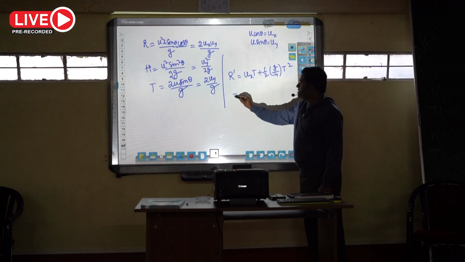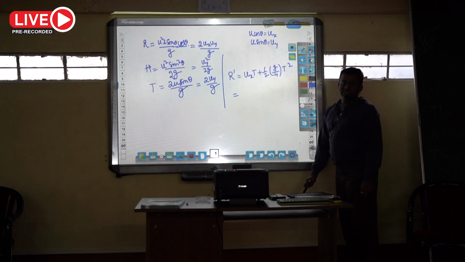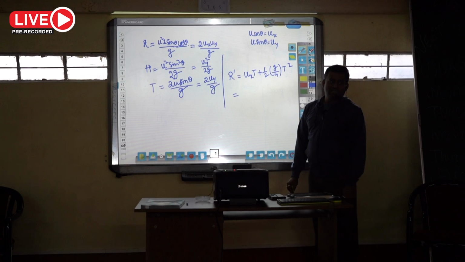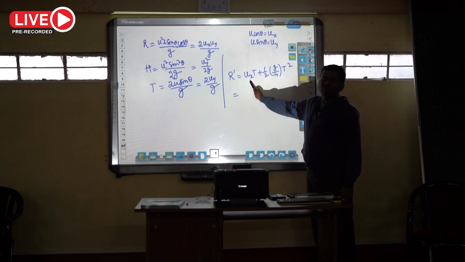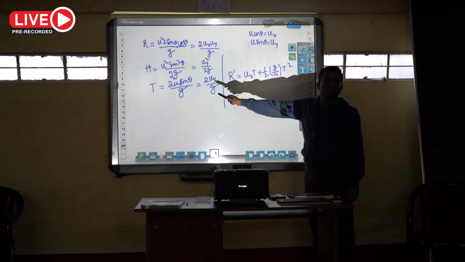So it will be ux into t. What is ux into t? Previous range. Ux into t is the previous range. Check, ux means u cos theta, and t means 2u sin theta by g.